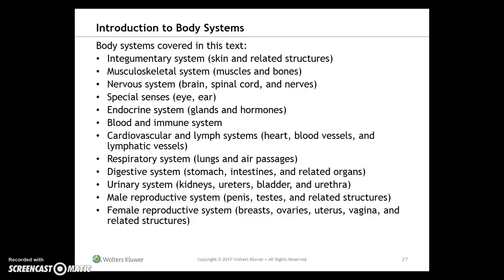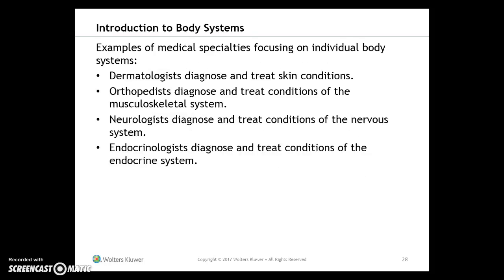The cardiovascular and lymph system includes the heart, blood vessels, and lymphatic systems. The respiratory system, so lung and air passages like I just discussed. The digestive system, so stomach, intestines, and related organs. The urinary system, kidneys, ureter, bladder, and urethra, and the male reproductive and female reproductive systems.